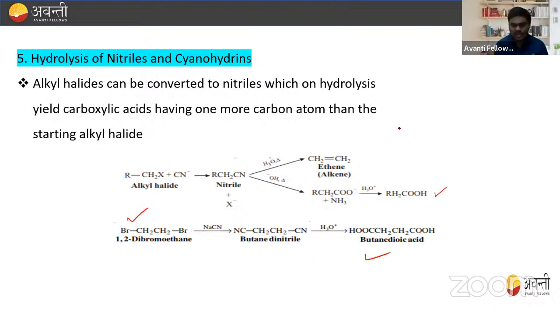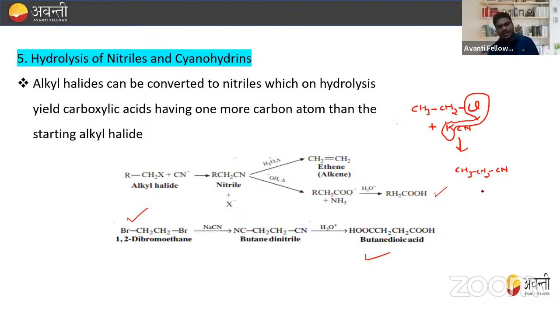So learn this thing. For example, if you have CH3CH2Cl and you treat it with KCN, what is happening? KCl will be removed, and you will get CH3CH2CN, the nitrile.